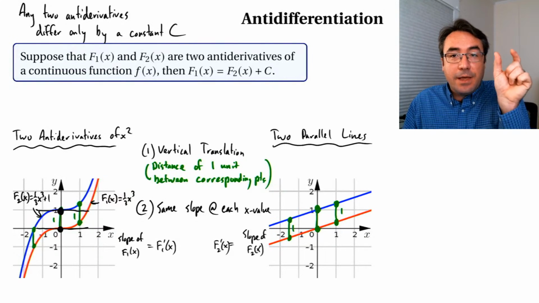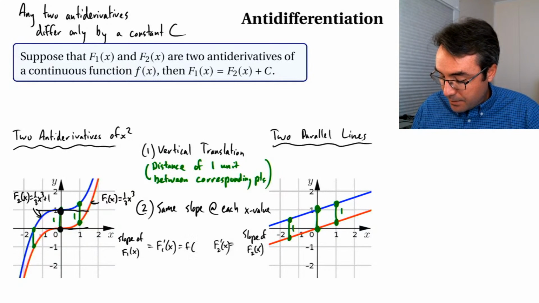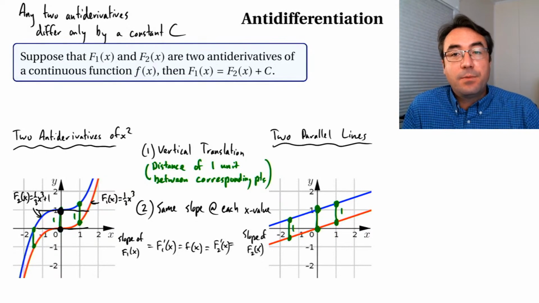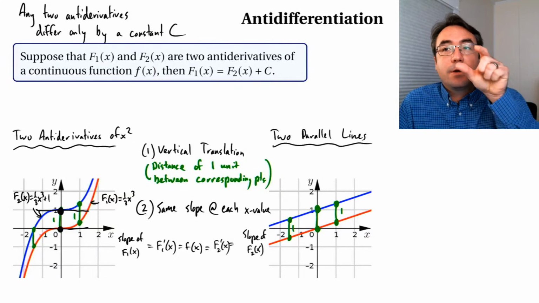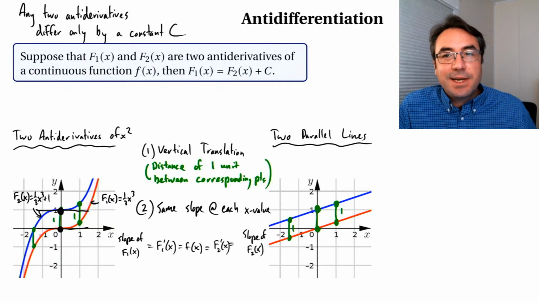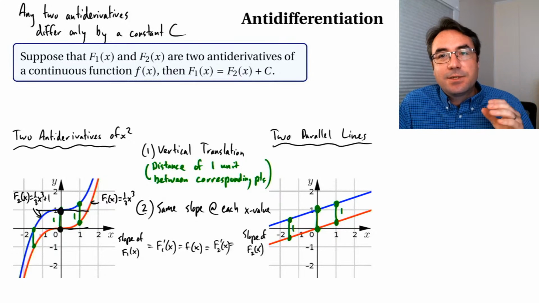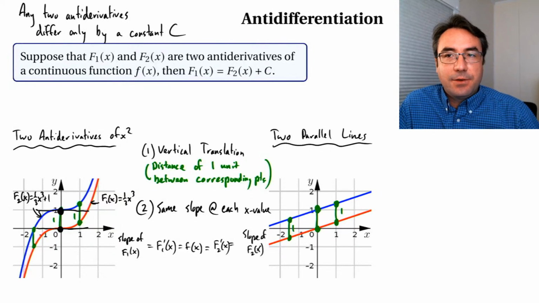And we know that the derivative of each of those is equal to x squared. It's equal to what we were calling little f. So the slope of f1 is always going to be equal to the slope of f2, no matter where you go on those curves. So really, we could think of distinct antiderivatives, that plus c constant, as really just moving our graph up and down, and it preserves the slope of our graph at every single x value.